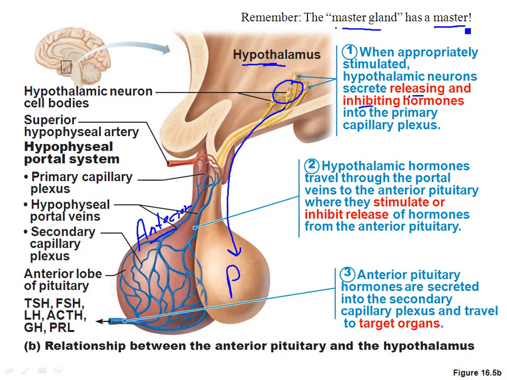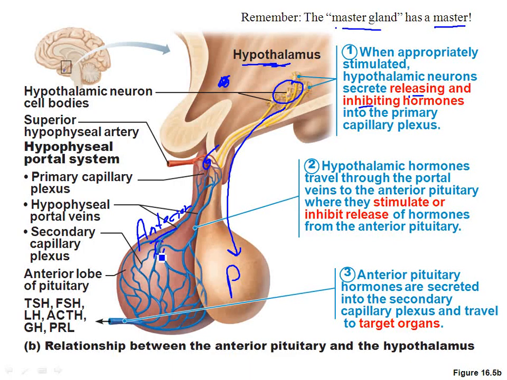So how this works is you have the hypothalamus making releasing and inhibiting hormones, and they enter into what's called a portal system. So these hormones are made up here. We'll just make a little hormone. It enters into this capillary bed, travels through this portal system into the anterior pituitary.